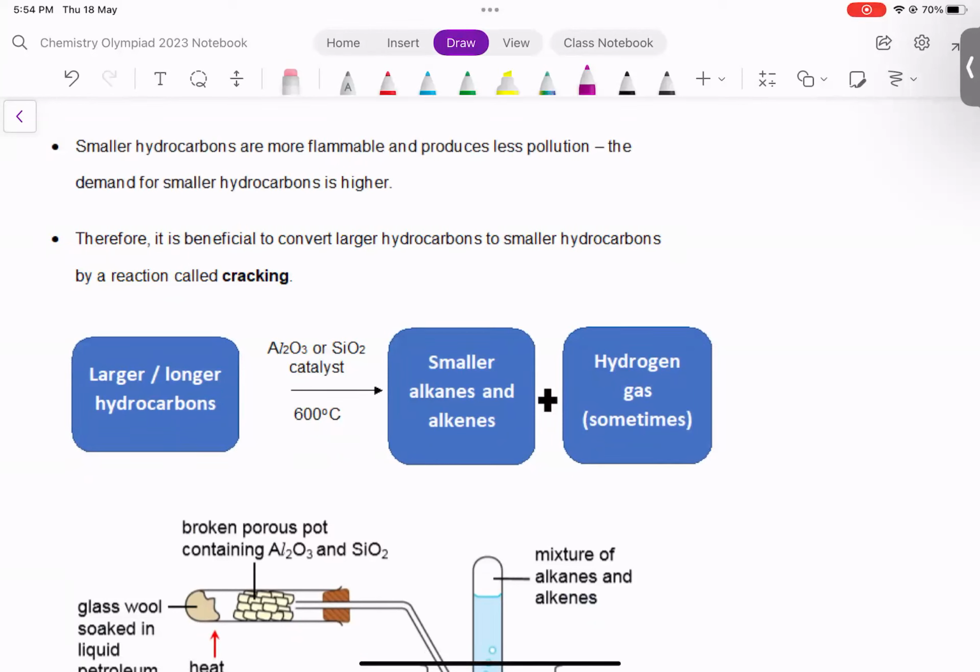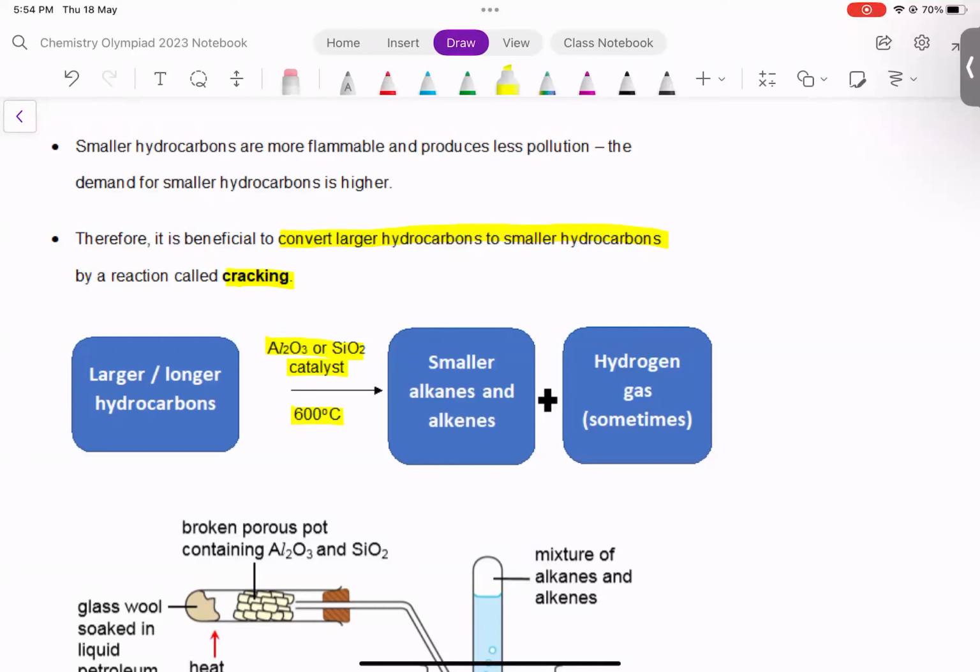What is cracking? Cracking is a process of converting larger hydrocarbons to smaller hydrocarbons, right? Cracking is the process to convert larger hydrocarbons to smaller hydrocarbons. How would you describe cracking? Oh, it requires this catalyst, this temperature. All right.